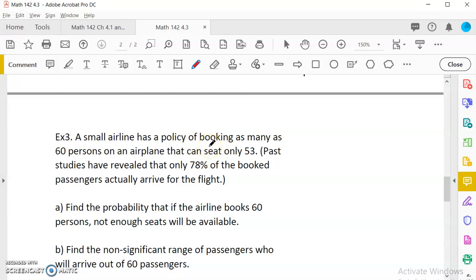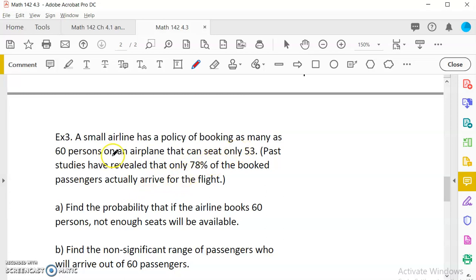This is because historically, some customers don't show, either because they're too late or cancel last minute. So let's look at an example. A small airline has a policy of booking as many as 60 persons on an airplane that can seat only 53, because past studies revealed that only 78% of bookings actually arrive for the flights.